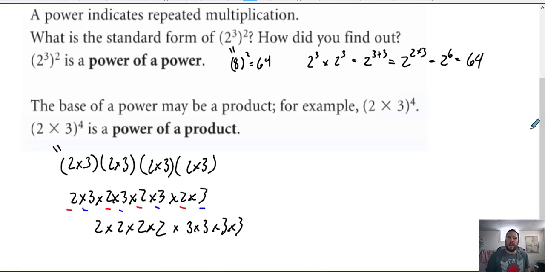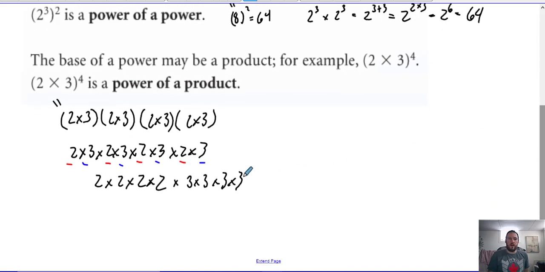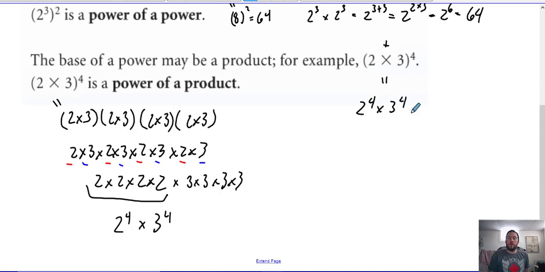Instead of looking for the answer, I'm just manipulating and rearranging to see what I get. If I take these 2's and think about them as a power, I get 2 to the 4. And if I take these 3's and think about them as a power, I get 3 to the 4. So if I have 2 times 3 to the power 4, unlike with addition, where 2 plus 3 to the power 4 doesn't get expanded and you simply use your order of operations, 2 times 3 to the power 4 turns into 2 to the 4 times 3 to the 4.